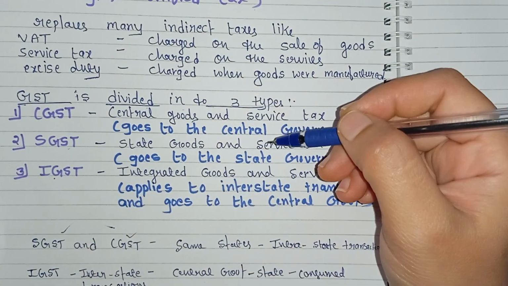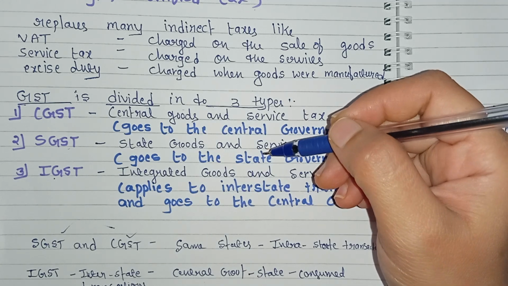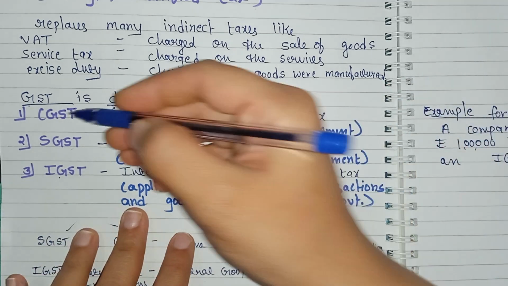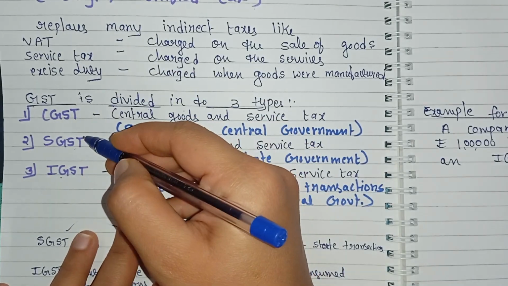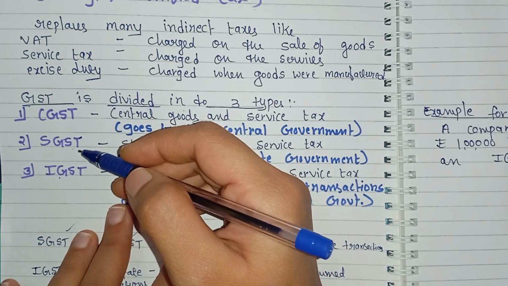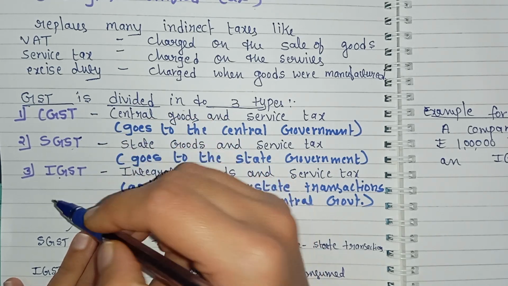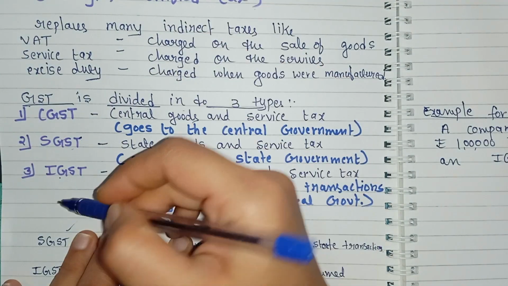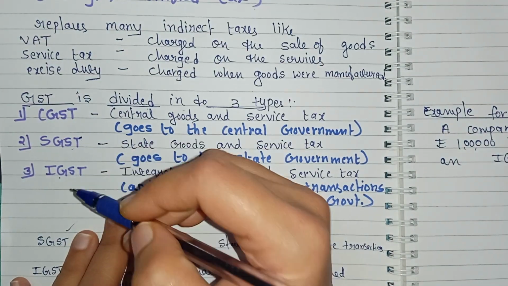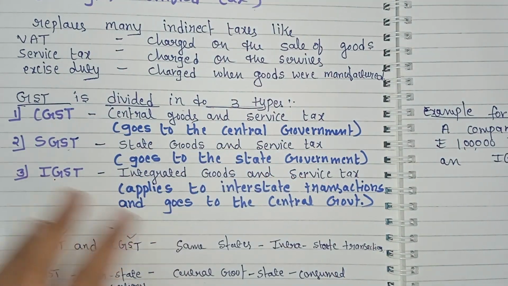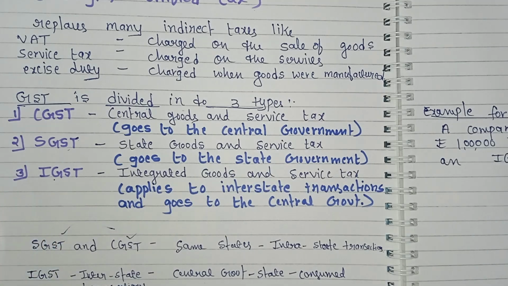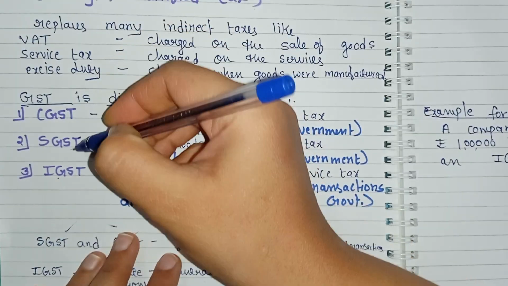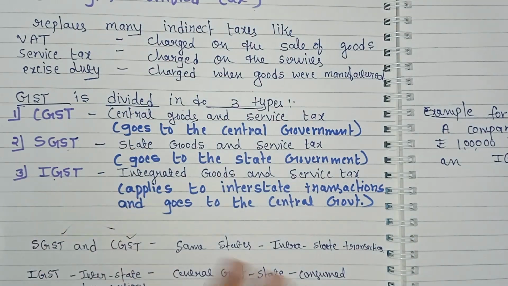If the consumer and the supplier are located in the same state, CGST and SGST are applicable. And if the supplier and the recipient are located in different states, then IGST is applicable. Now I will explain CGST, SGST and IGST through one example.